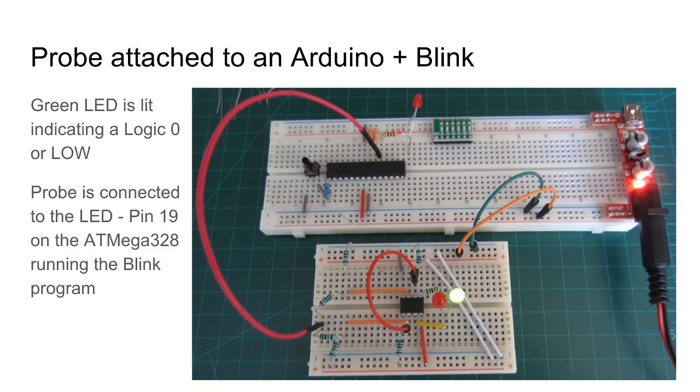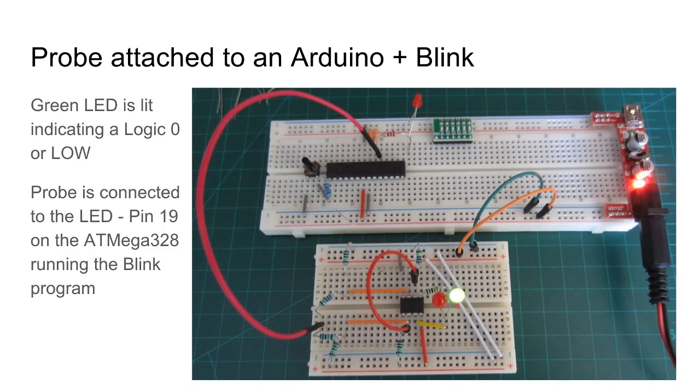I've got the probe wire connected to the output pin that lights up the LED, and now you can see that there's no LED lit up at the Arduino, and the logic probe is lighting up the green LED, which means it's a low level.